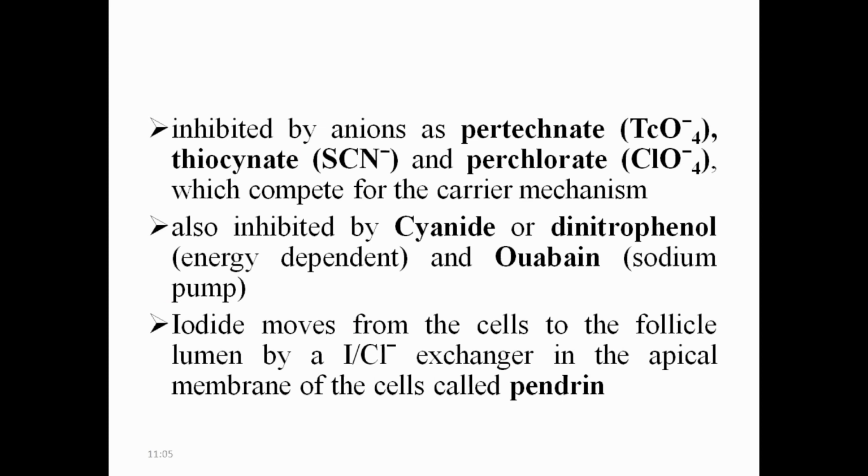So from circulation, the blood, to the cell requires NIS, and from the cell to the follicular lumen requires another carrier protein called pendrin, present in the apical membrane.